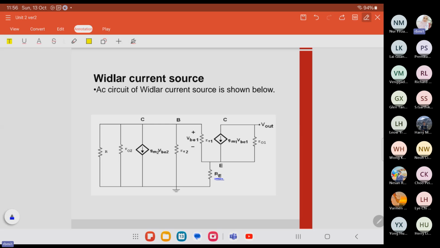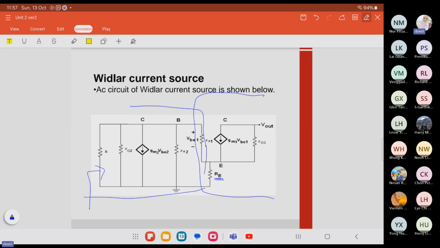The first part, this one is for Q2 and this one is for Q1.